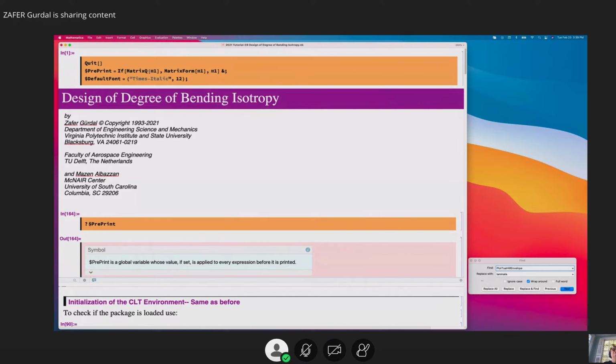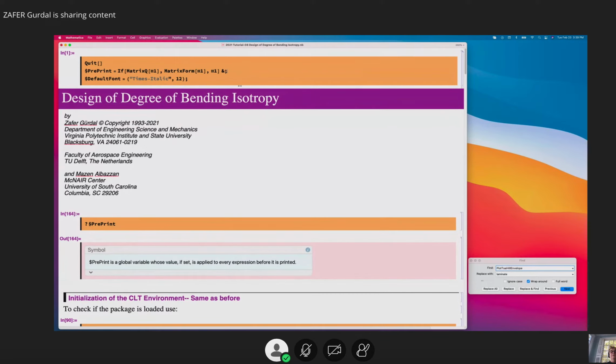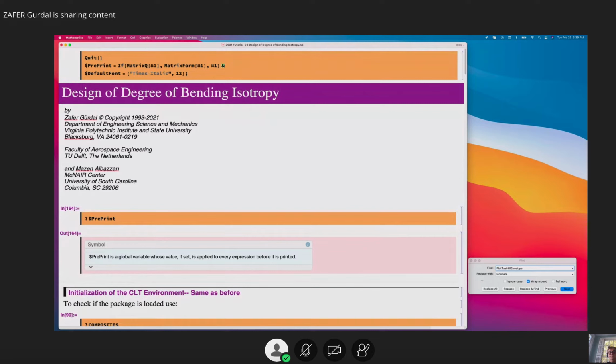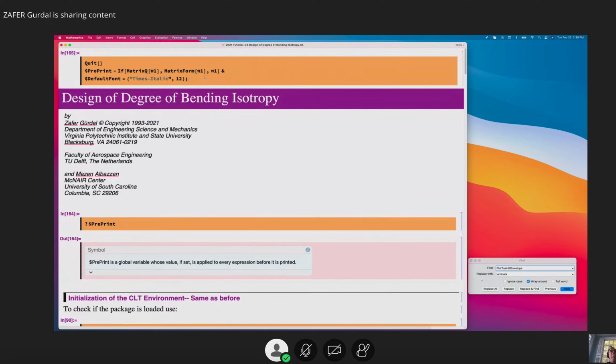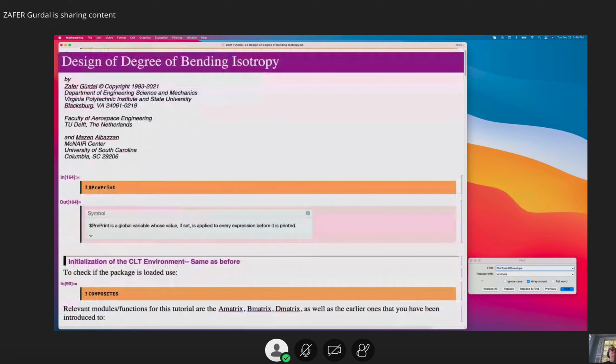And I say if matrix Q, number 1, matrix form, yes, it is matrix form, and number 1 comes from here, and this is applied to a pure function I made. Let's check 165, 169, 165. Good. All right, let me execute my program.